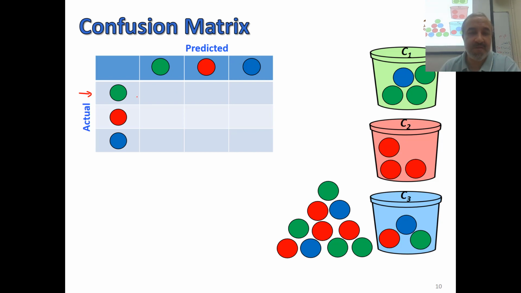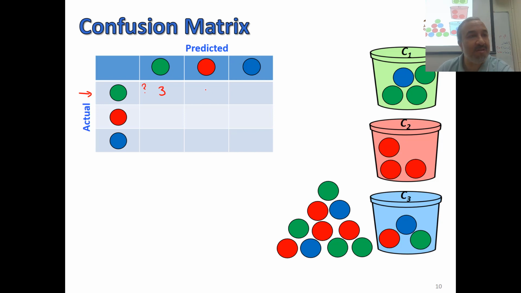What's the meaning here? For this cell, for example. This is predicted green and actually green. How many? So confusion matrices are just counts. Okay? So how many are predicted green and they are actually green? 3, because this is everything that is predicted green, and 3 of them are green. So we have 3 here.